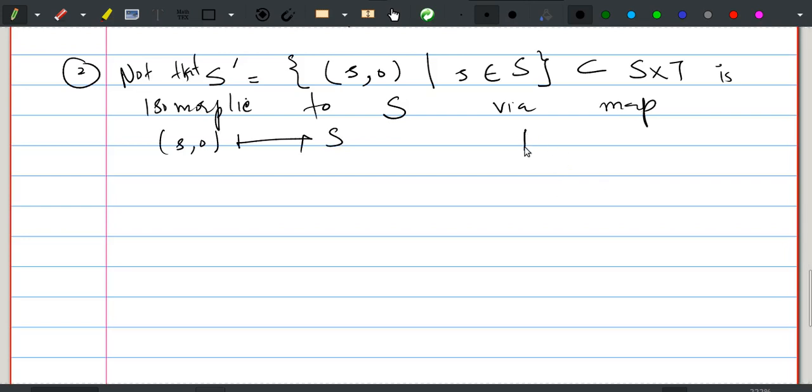What does that mean? We have S prime over here. We claim that this S prime and this S are isomorphic via the map.